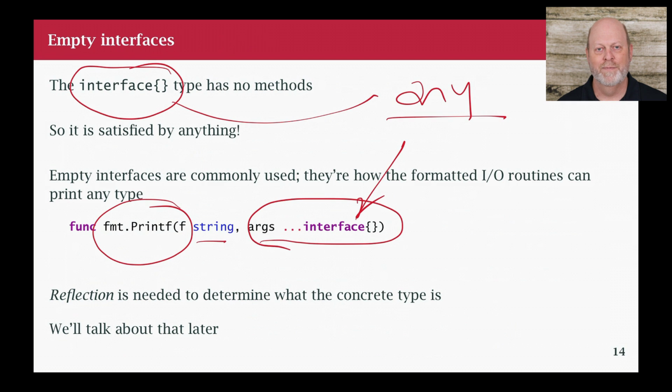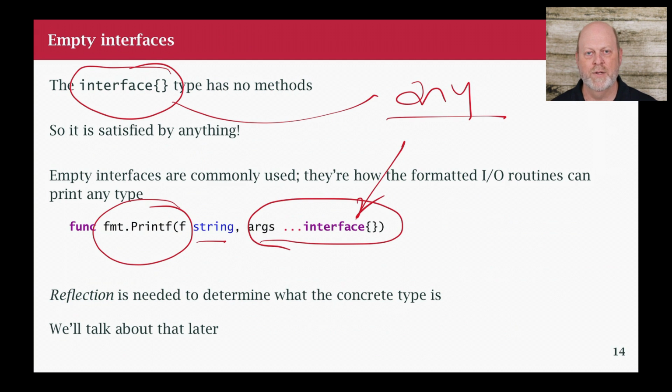It's anything. So it doesn't matter what I pass to printf. I can pass an int and a string and a struct and a slice, whatever. In a sense, the empty interface is like the void pointer in C or C++. It can point to anything. So we're actually into the realm of dynamic typing when we use this.